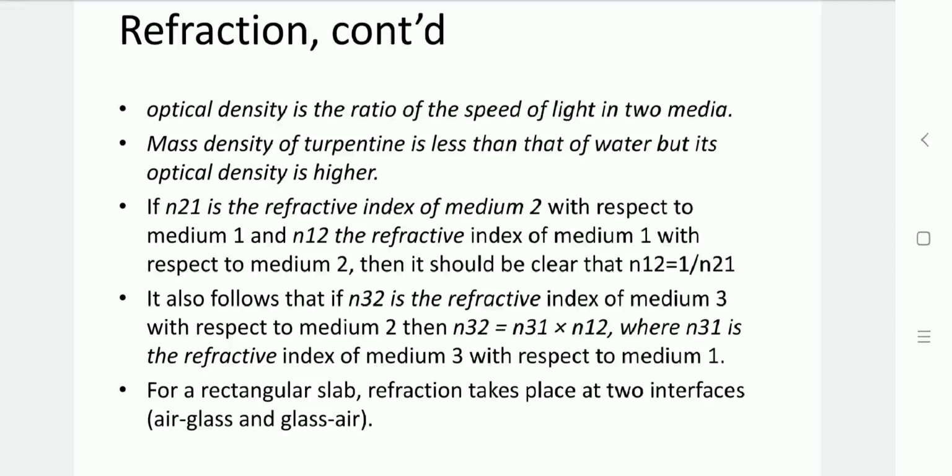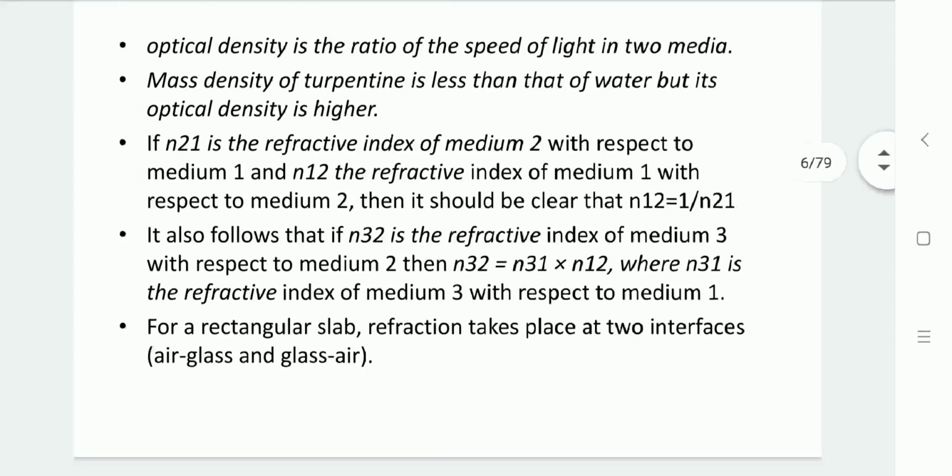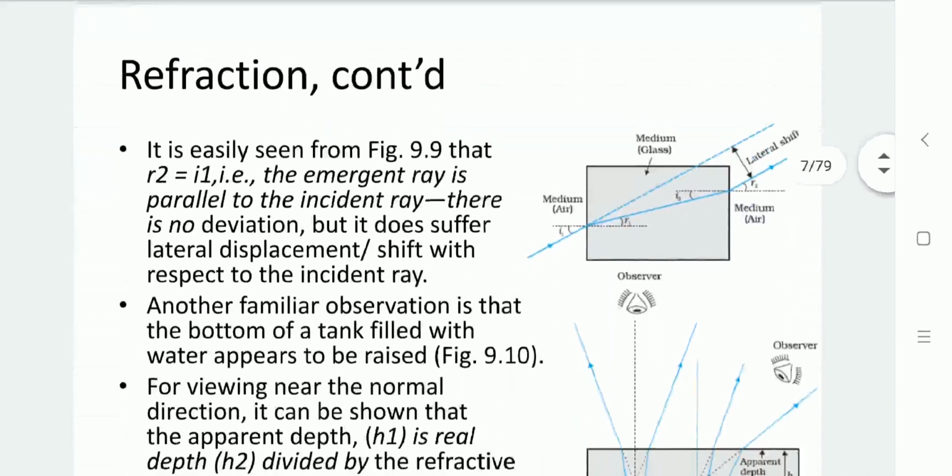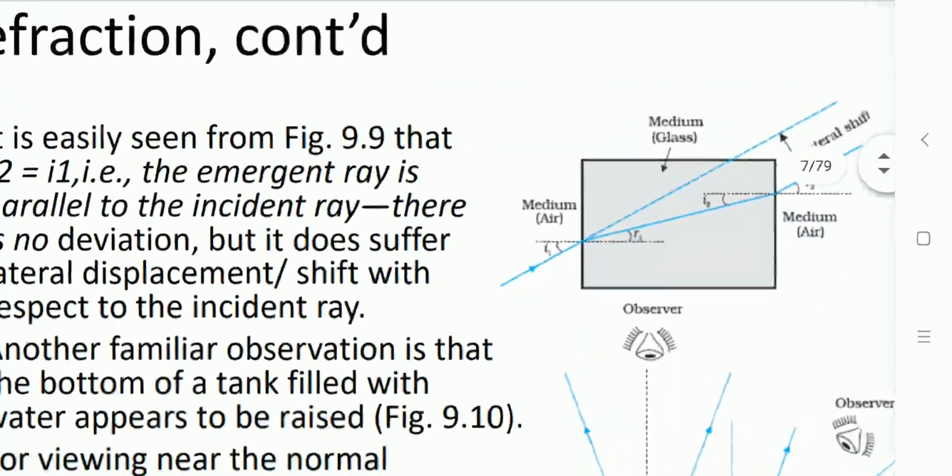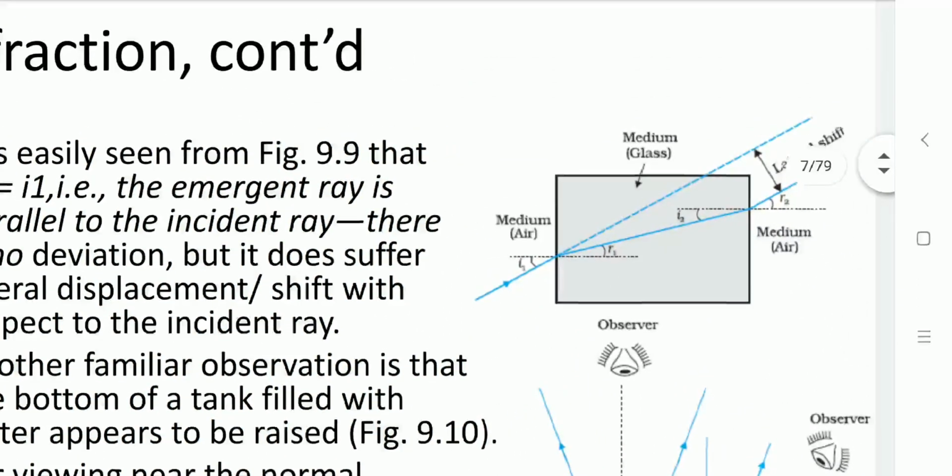Now to understand this phenomenon, let us take a three medium structure. As you can see in the diagram, the first medium is air, the second medium is a glass slab, and the third medium is again air. From the air, the light ray is incident with the angle I1. As this light ray moves into the glass, the medium changes, and the angle with respect to the normal is the refracted angle R1.